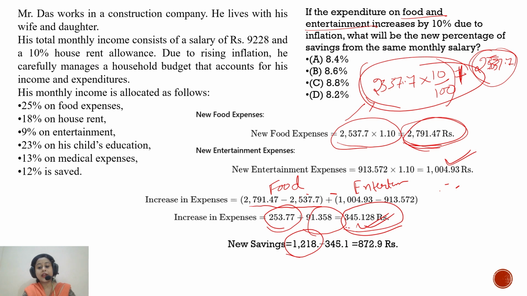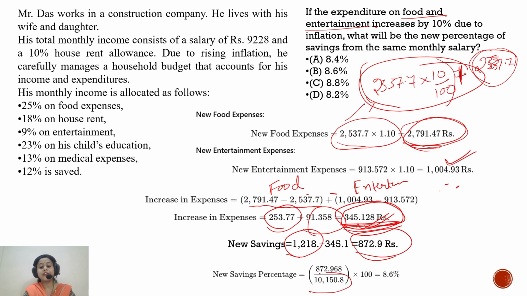Now if you subtract this increase in expenditure, you will get your new savings, right? And you have to find out the new percentage of savings from monthly salary. The salary is the same, 10150.8. So out of this total salary, what is your new savings percentage? If you calculate this, it will give you 8.6%.